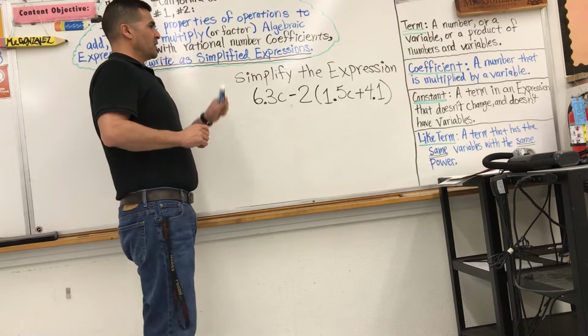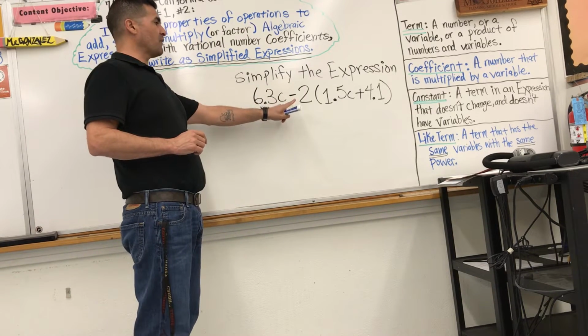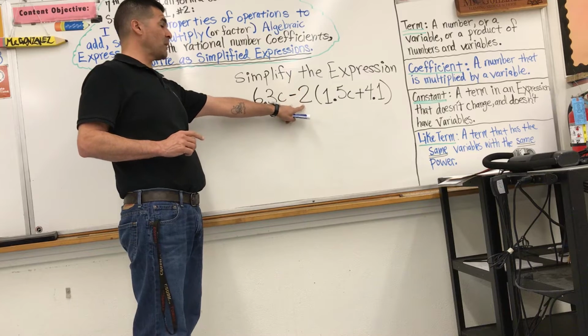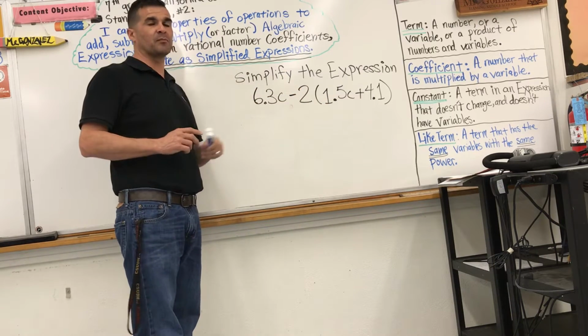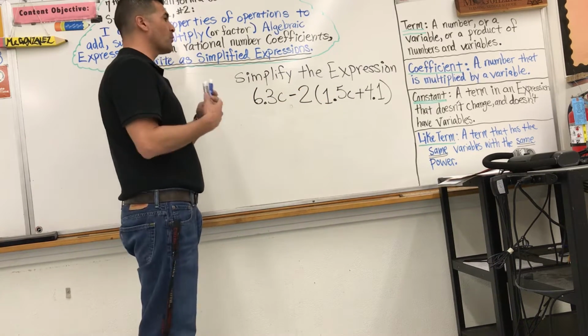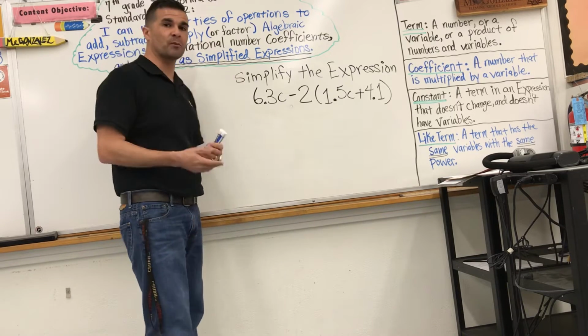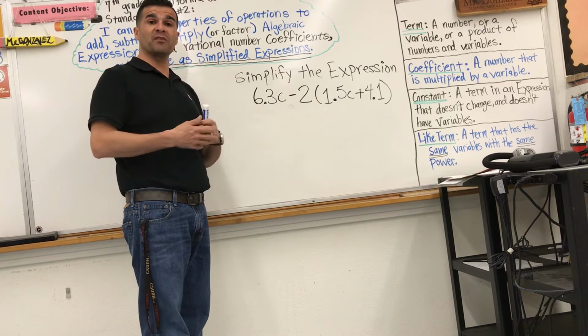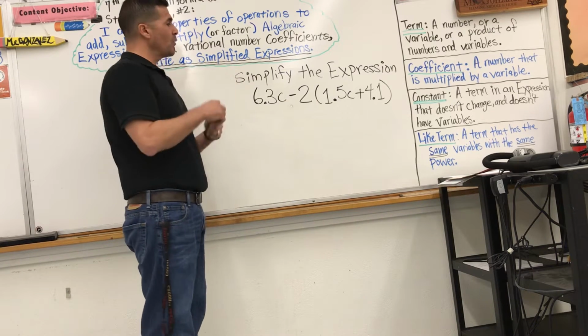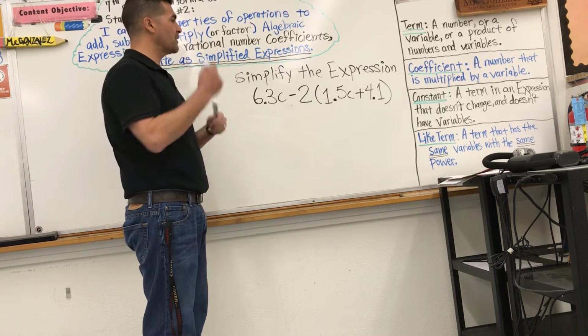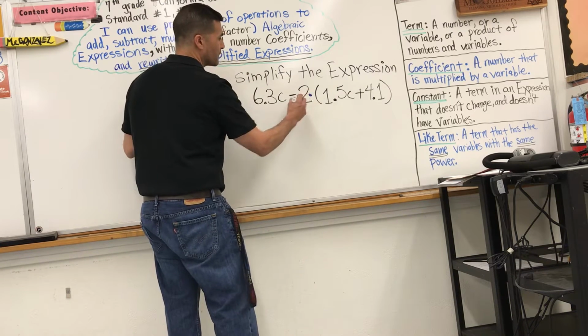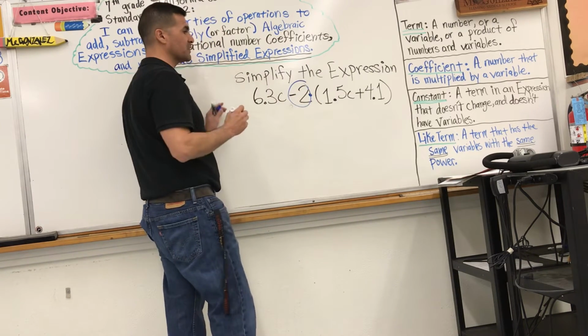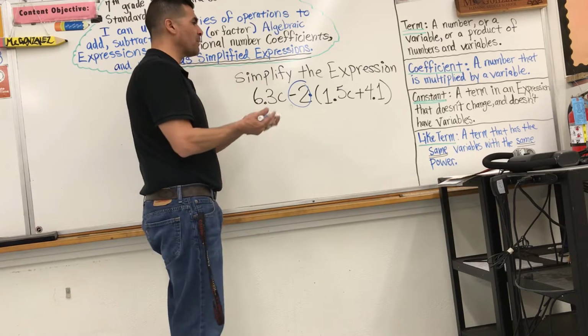Now, this is a little bit more obvious that there's a term outside of this parenthesis that needs to be multiplied. Once again, I want to remind you, we've been learning about the distributive property. Distribute means to pass out, and it's called the distributive property of multiplication. What are you going to pass out exactly? This term right here, outside of this parenthesis, is going to be passed out. And how are you passing it out?